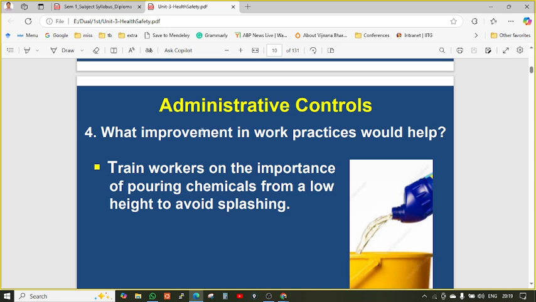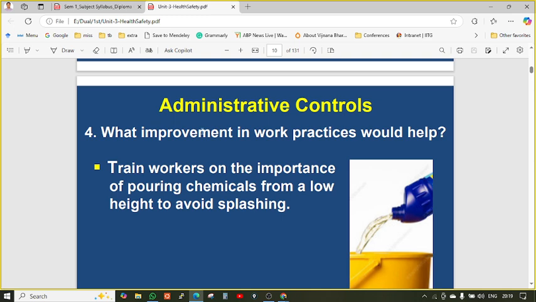For example, in a chemical industry, people are always handling chemicals because it is their duty. Unknown people cannot handle these things, and the workers in the chemical factory know what the chemical is, what its name is, and how to handle it.